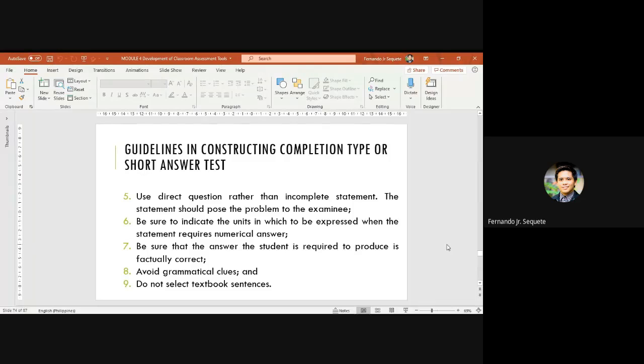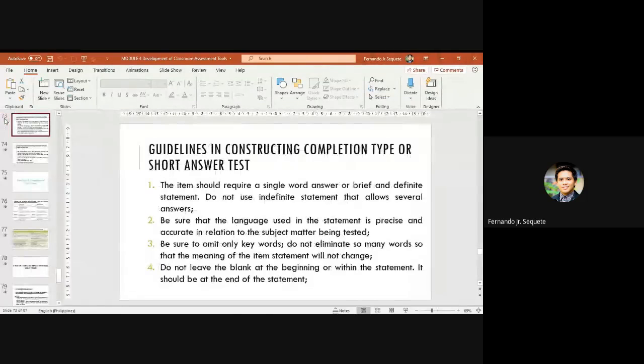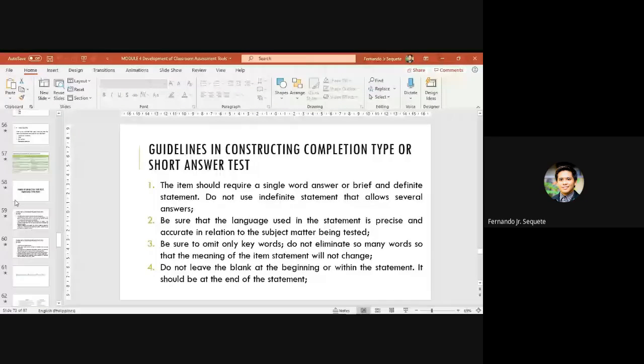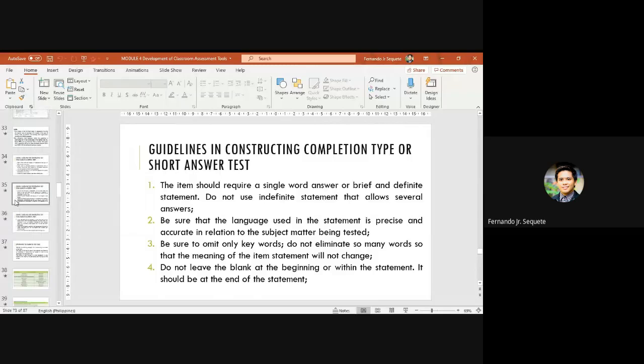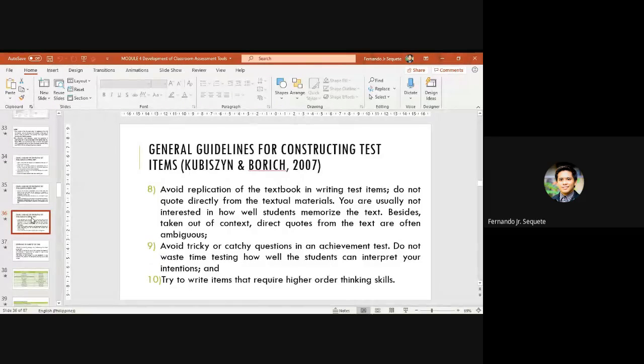Okay. For number nine, sorry, number eight. Ay, sorry. Pala ito. Okay, this one.